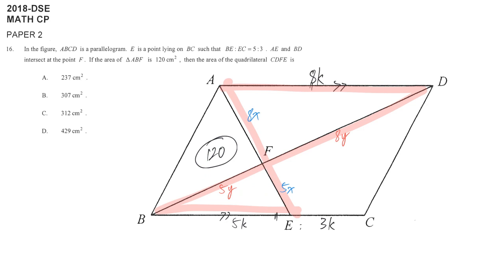So 120 to the area here is 8 to 5. If I let this area be A1, 120 to A1 is equal to 8 to 5 also. It's because their heights are the same. The only difference is their base ratio. So the base ratio totally affects the area ratio like this.